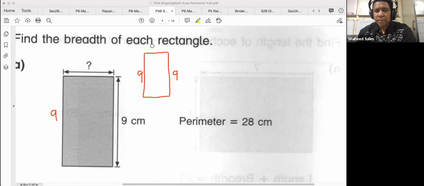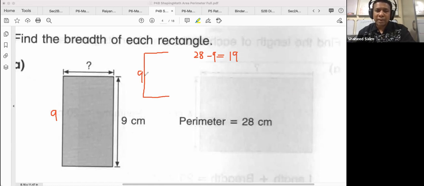But we know 9 and 9 plus this and plus this give you 28. So let's take 28 minus 9 first. 28 minus 9, what do we have left? When you minus 9, you have these 3 lines left. And what is the length of these 3 lines? If you minus, you get 19.